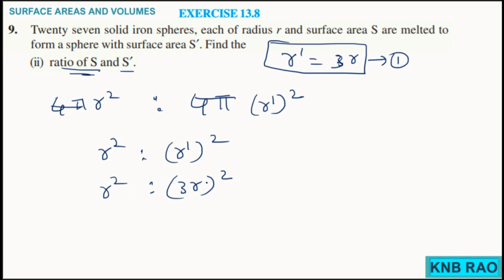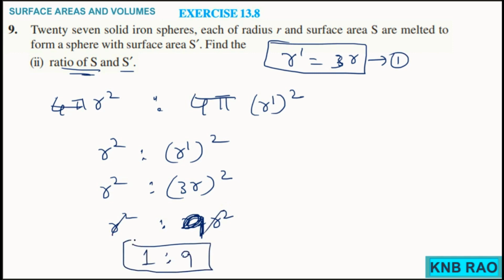So r square is to 3r whole square. Now 3r whole square gives you, oh sorry, not 27, 3r whole square is 9r square only. So 3r into 3r, 3 threes are 9. So here r square cancels, we will get 1 is to 9. The ratio is 1 is to 9. This is the answer for the second question.